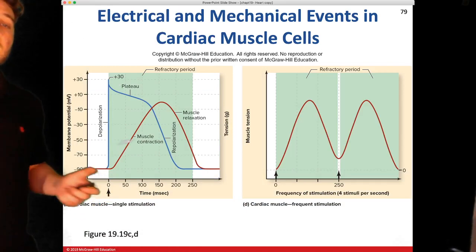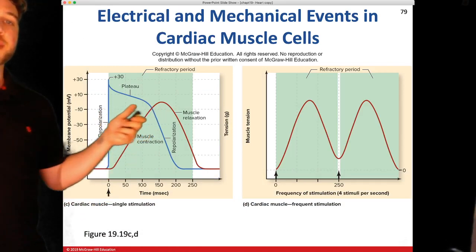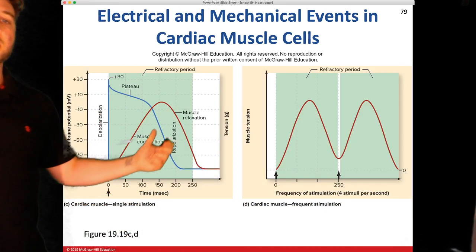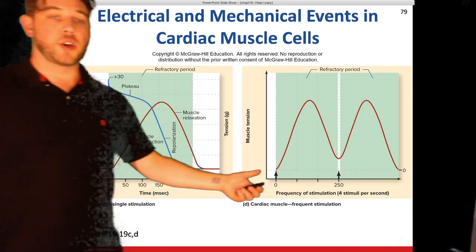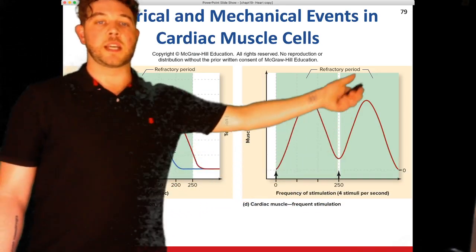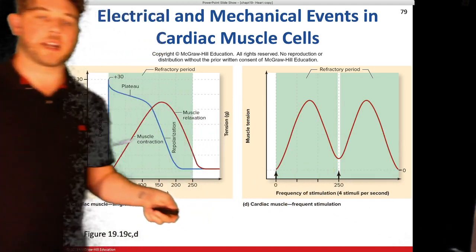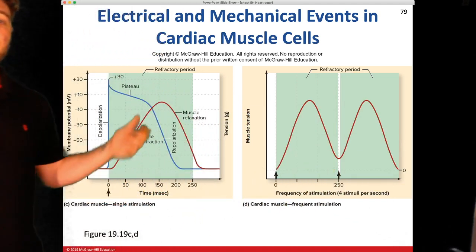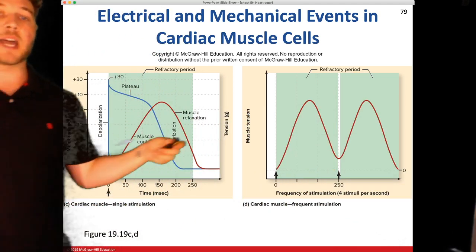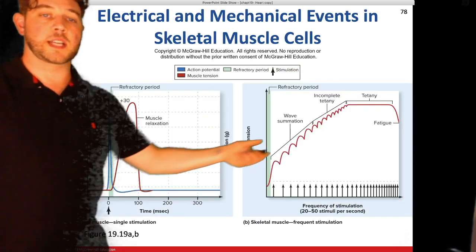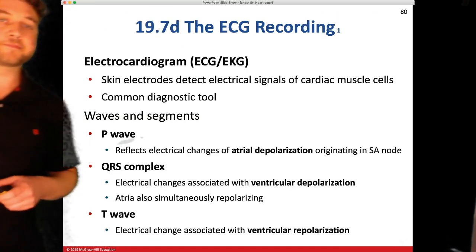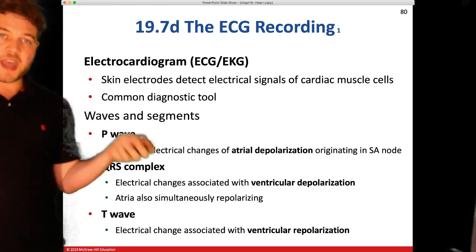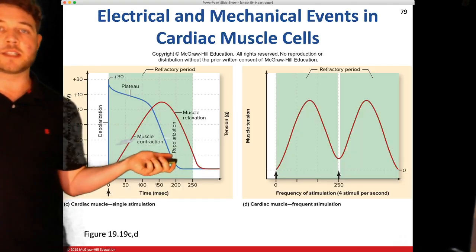For heart cells, because they have this prolonged plateau phase, their contraction is a little bit longer, and you can only stimulate it so many times. It just does not have the ability to depolarize so rapidly to allow for this kind of rapid stimulation. That essentially just makes sure that the heart empties and fills properly.